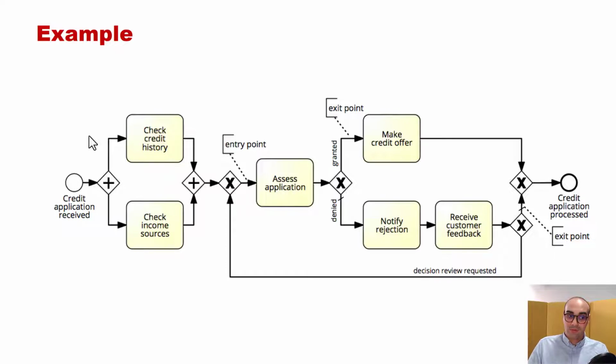So every 20 minutes, we get a case, we generate a case identifier for it, and then we have a token. The token goes along the process model. The token goes in parallel to both check credit history and check income sources, and then the token goes through the assess application activity, and after that, the token can go through the make credit offer or the notify rejection activity.